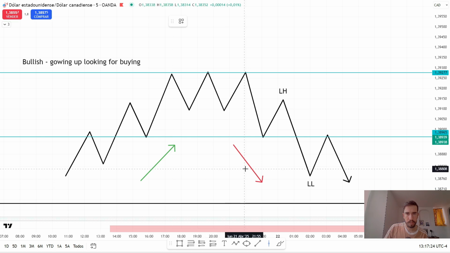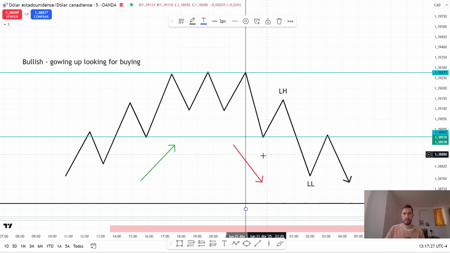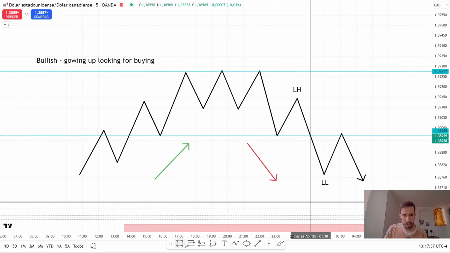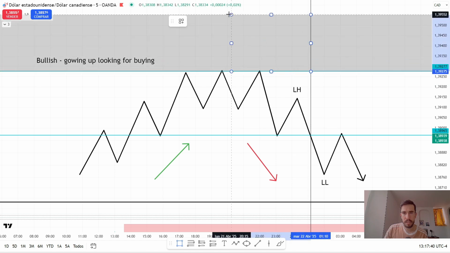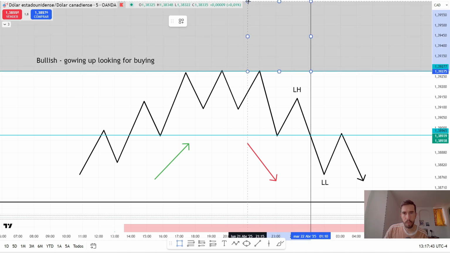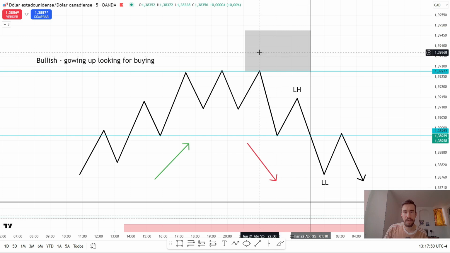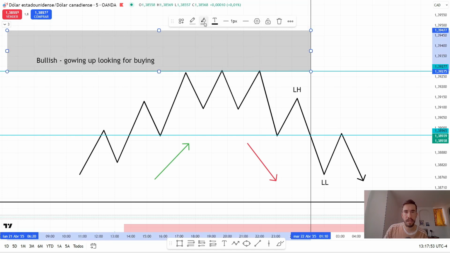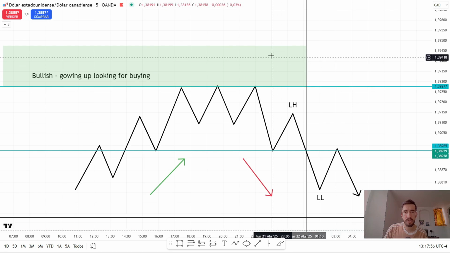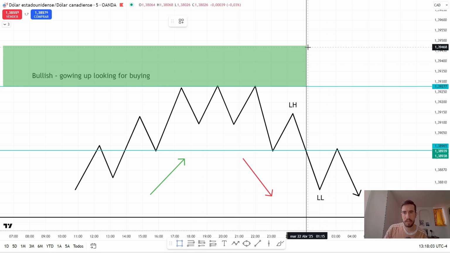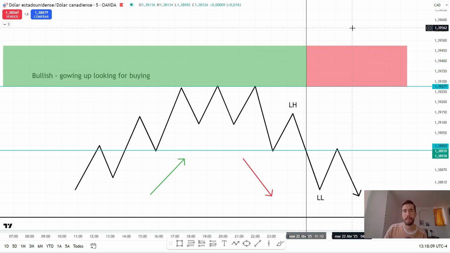If we divide this until here, for example, just to give an example, we can tell that everything on this side was still a bullish structure because it's going up, and everything on this side starts going as a bearish structure.